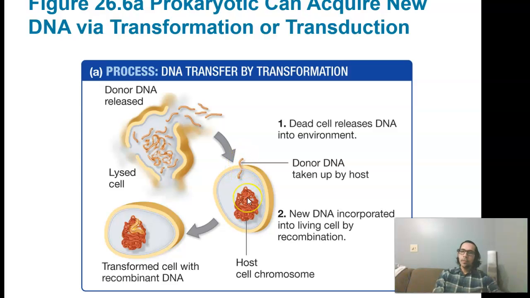Once it gets in, the new DNA is incorporated into the living cell by recombination. So the cell is then transformed and has the recombinant DNA. Okay, so this is DNA transfer by transformation.